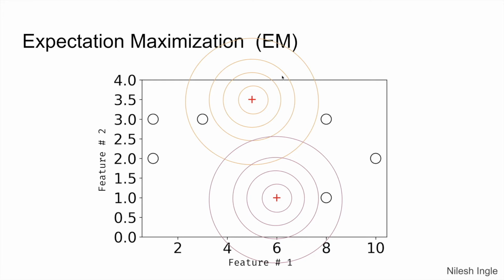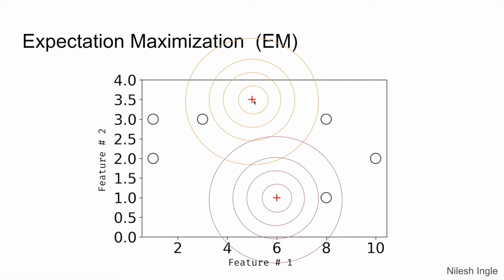Each of these could be representing a distribution. Here I'm showing a perfect circle, which means that there is no correlation between the x and y features for these data points, and same thing here. For expectation maximization, what we are trying to do is find a Gaussian distribution that best represents the group of clusters we are looking at. So we get the maximum value for the maximum expected value.